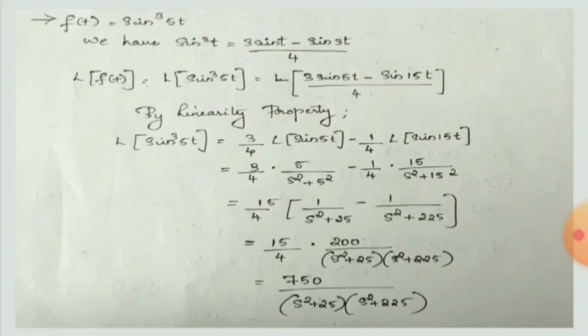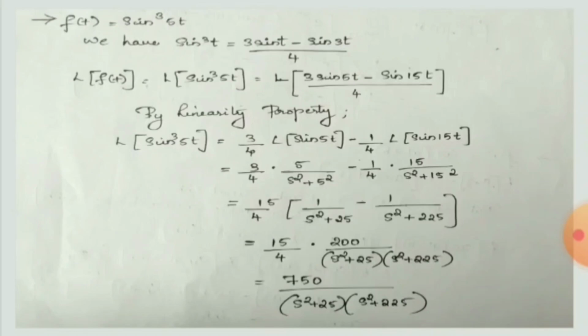Therefore, by linearity property, we can split the two terms. So it becomes equal to 3 by 4 Laplace of sine 5t minus 1 by 4 Laplace of sine 15t. 3 by 4 into Laplace of sine 5t is given by 5 by s square plus 5 square, minus 1 by 4 into Laplace of sine 15t is given by 15 by s square plus 15 square.